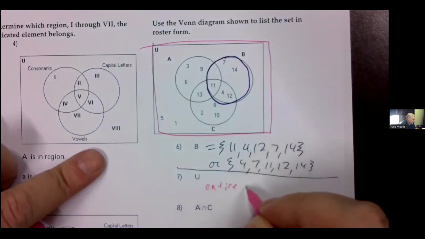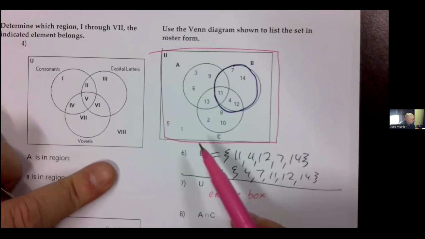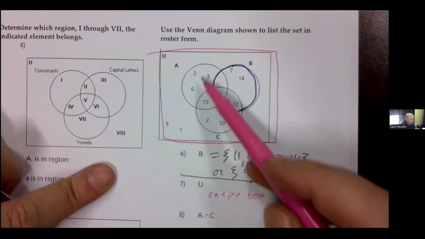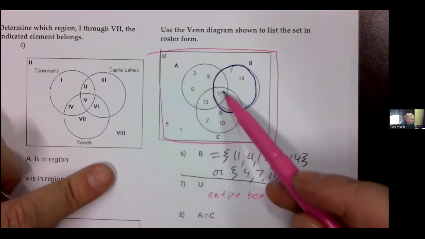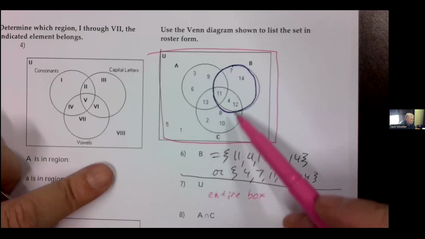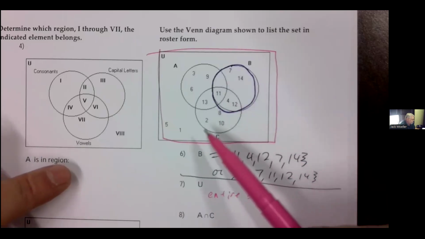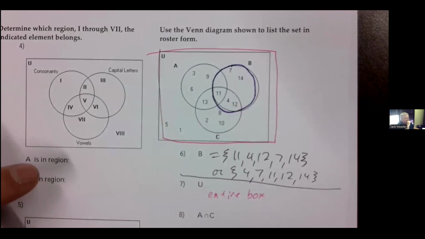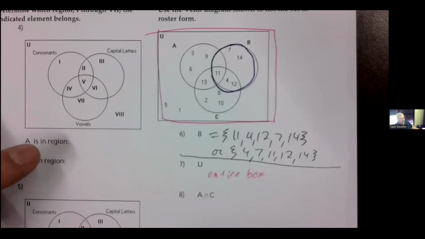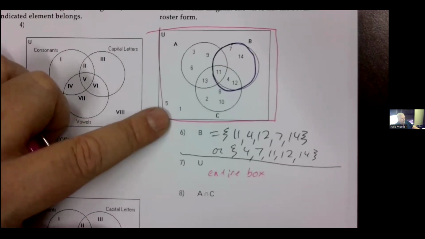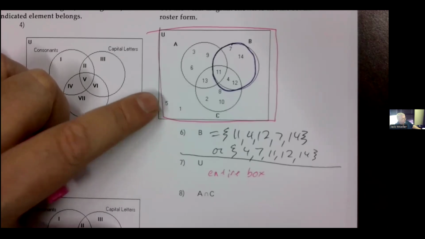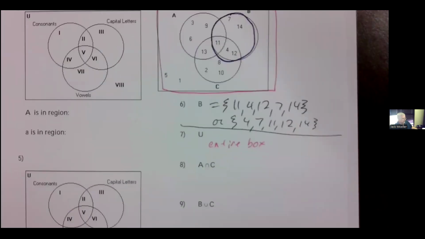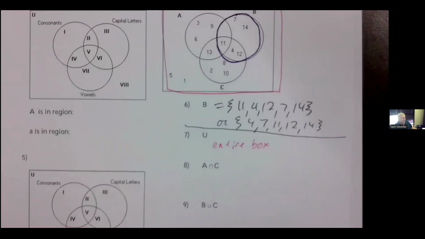I'm not going to list them all out, but it's 1, 5, 3, 6, 9, 13, 11, 2, 8, 10, 4, 12, 7, 14. So it looks like everything from 1 to 14. Universe is everything, not just the stuff that's not in the sets or the subsets.